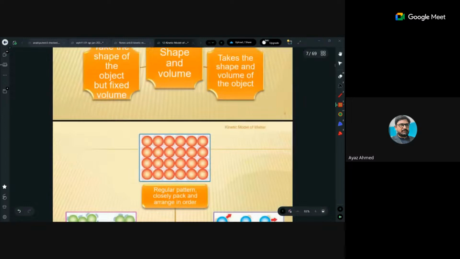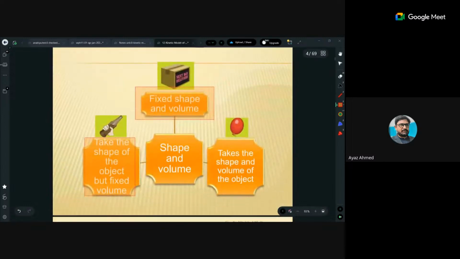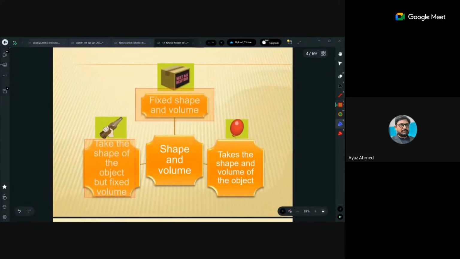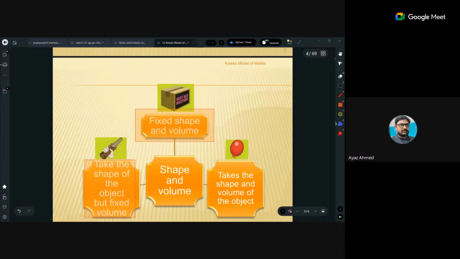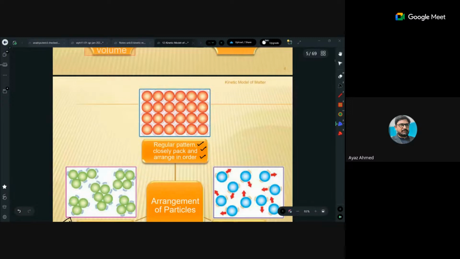Then this third slide is about forces. Let me identify this for you. In this first slide, the shape and volume concept is there. In the next slide, we are talking about the arrangement of molecules and atoms.